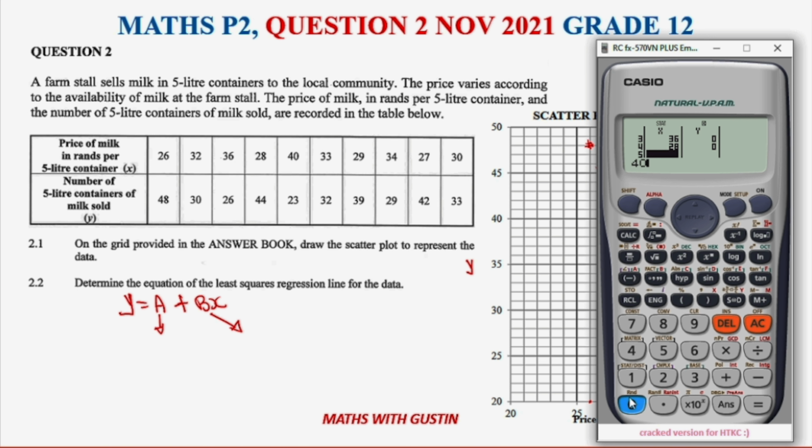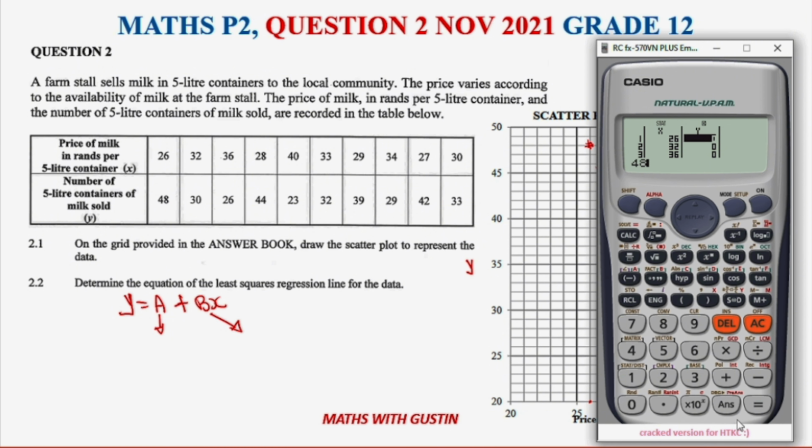So if it's wrong, you're going to get wrong answers, and that's not what we want. Okay, I've got 29 there, and we've got 34, 27, and then lastly we've got 10. All right, equal to, then we're going to move up, and then we're going to add the y.